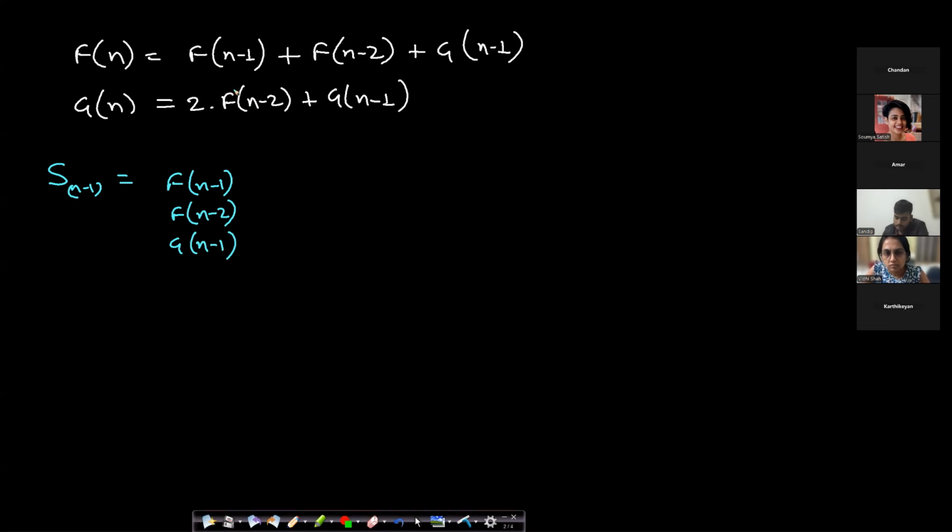So 1 time writing is fine. And then g of n minus 1 you have already written. So this will be the state vector. This includes all the unique values, isn't it? I don't care if it is included 2 times or 3 times. It should be all the unique values.